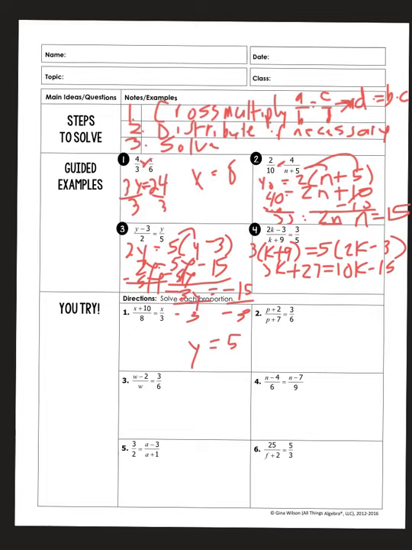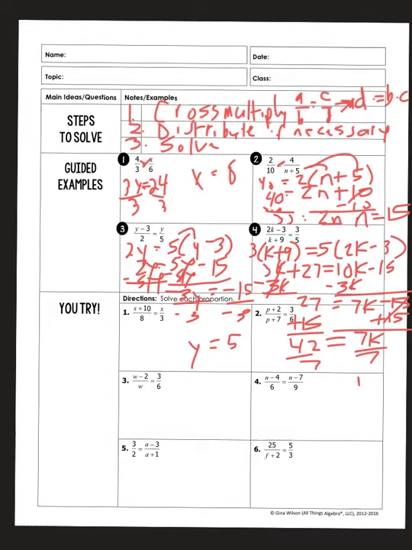I'm going to subtract 3k from both sides. 27 equals 7k minus 15. Now I'm going to add 15 to both sides. 7k equals 42. Divide by 7. K equals 6.